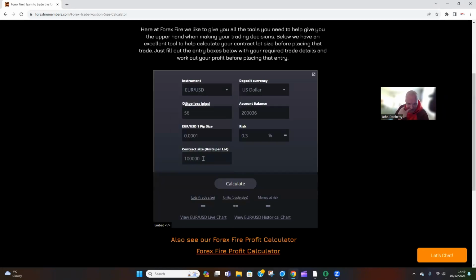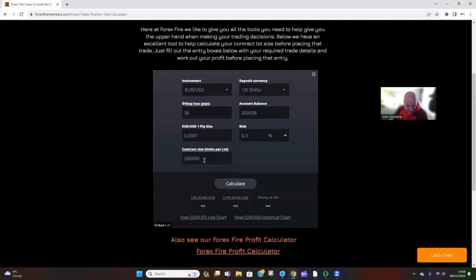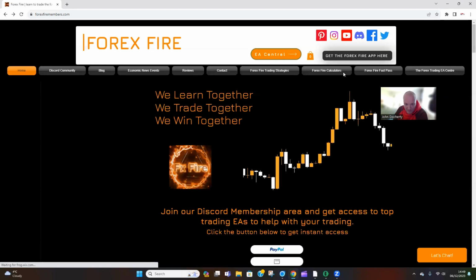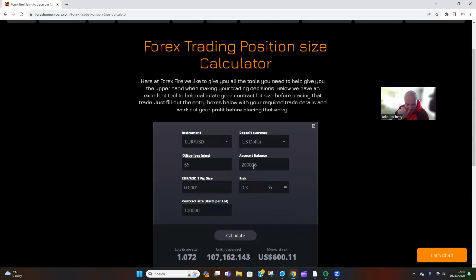We'll get this in. Was it a 200k account? 100k. So we're going to see, right, 100k account. Let's have a look. We'll come back out of that, sorry. Go into the Forex calculator, position size calculator. The account is 100k. We're going to see lots of 20 pips, risking 1%.